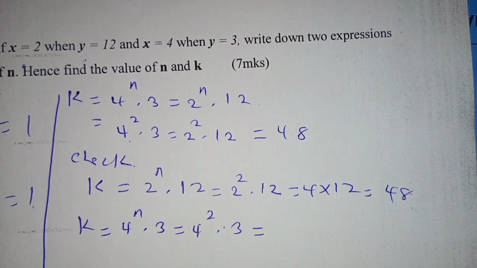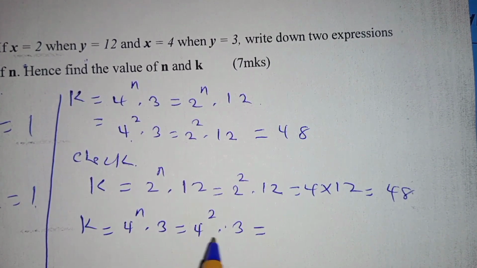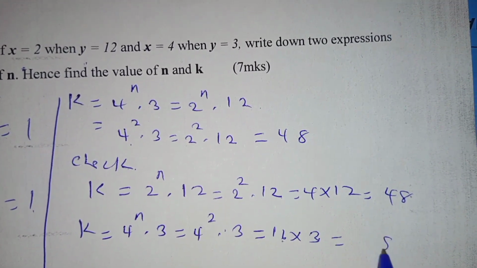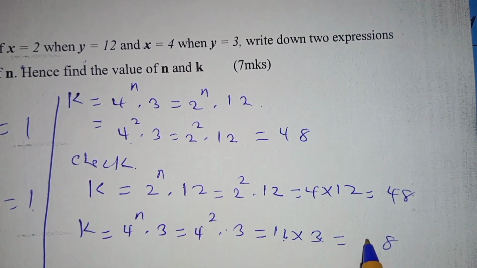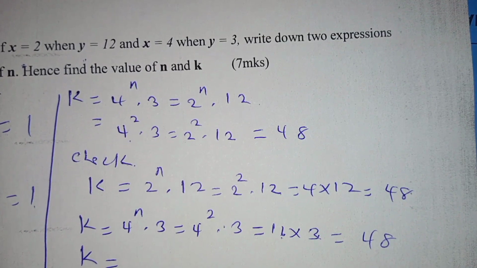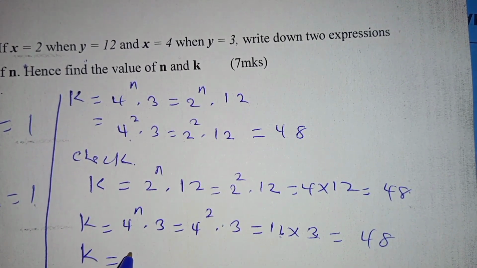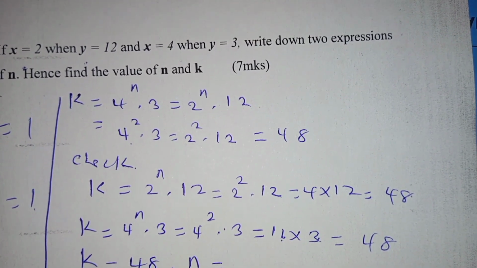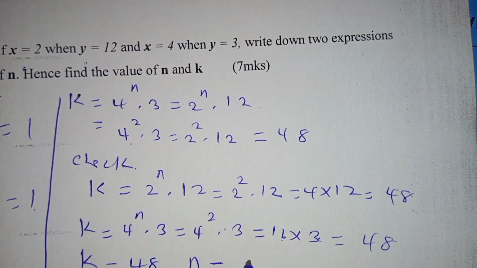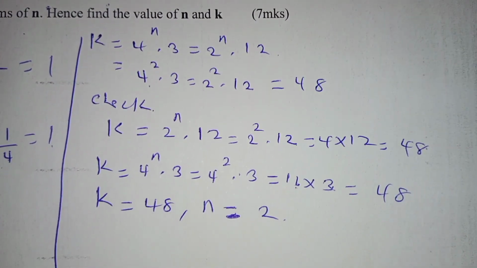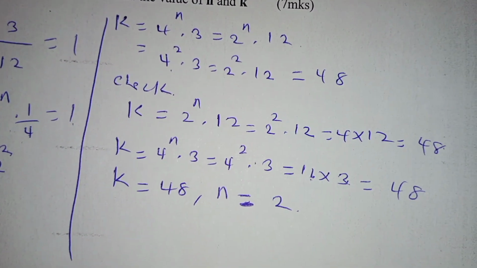So you have 16 times 3, which is 48. So our k is equal to 48, and our n is equal to 2 by making use of the laws of indices, which is being tested here.